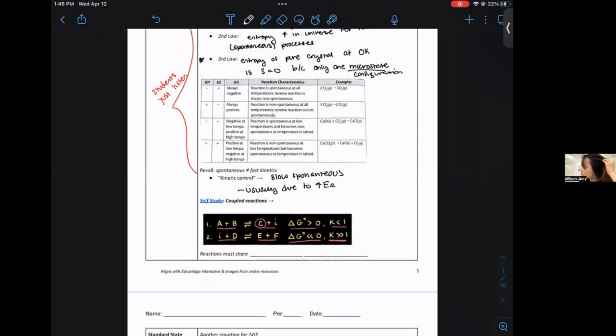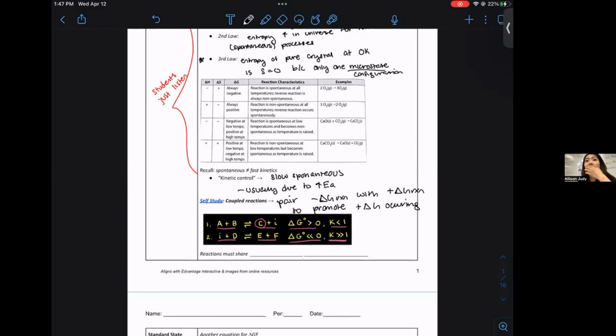Sometimes you'll see coupled reactions; you just have to know they exist. We pair a thermodynamically favorable reaction, a negative G reaction, with an unfavorable, positive G reaction to promote the positive G reaction occurring.